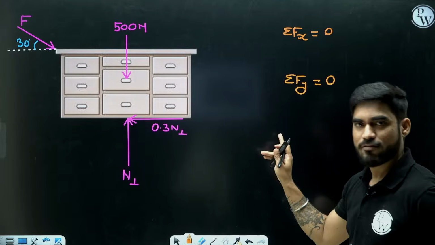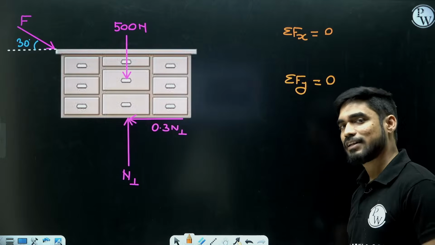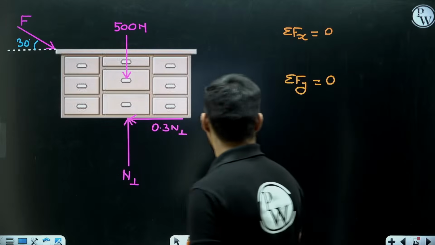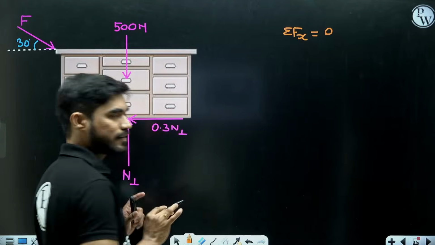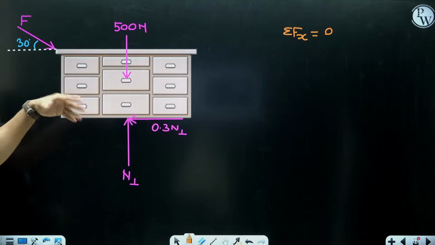You can use summation of Fx equals 0 and summation of Fy equals 0, but I will give you a better solution. First, let me write these equations so that if you use this method, you will be able to solve it.